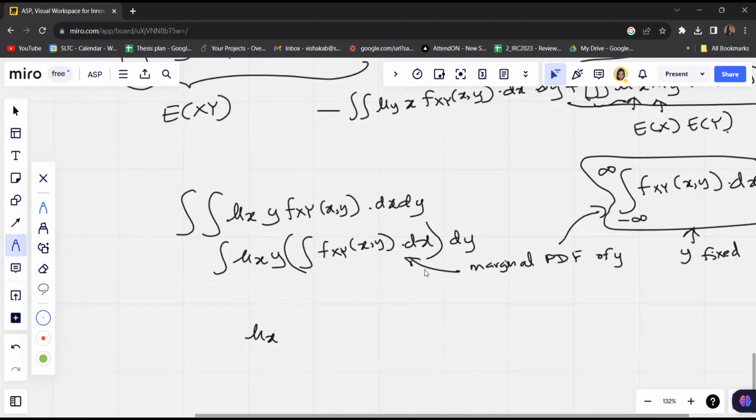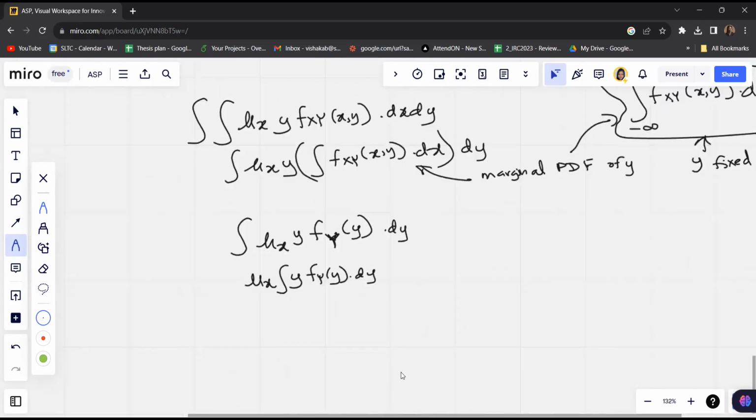So mu x into y, and the marginal PDF of y we denote as f_Y(y). In here it's capital Y. And then we take the integration with respect to y. Since mu x is a constant, we are left with the integral of y f_Y(y) dy, and mu x.